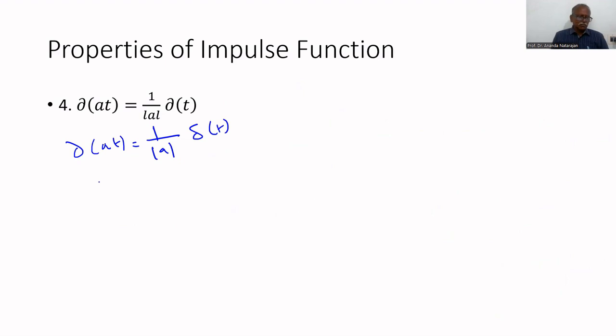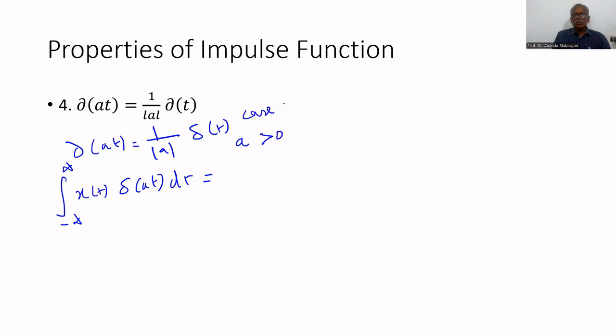To prove this, let us consider the integral from minus infinity to plus infinity of x(t) δ(at) dt.